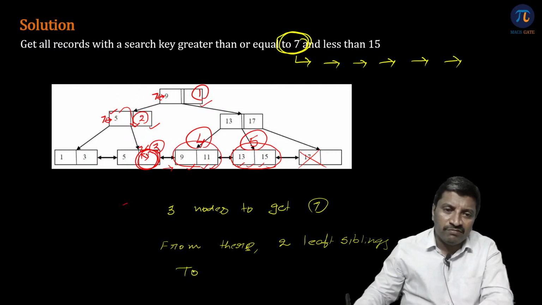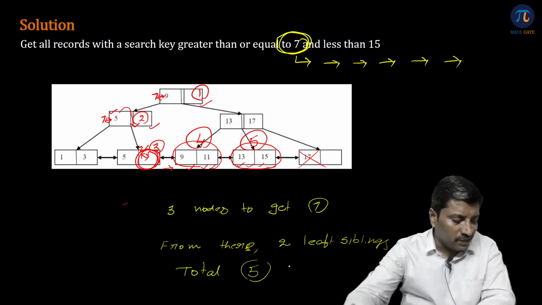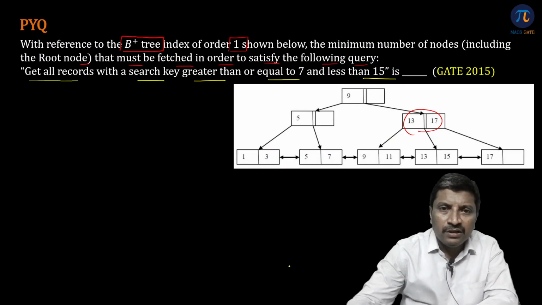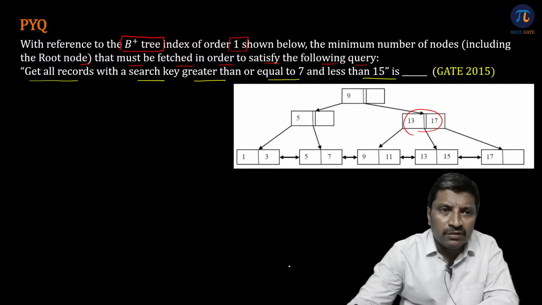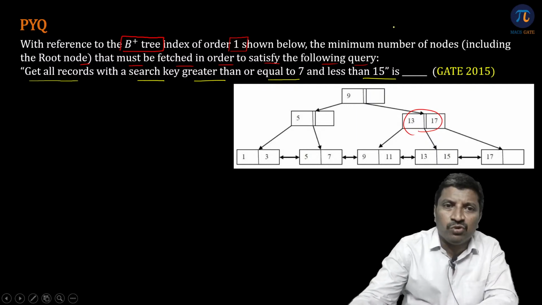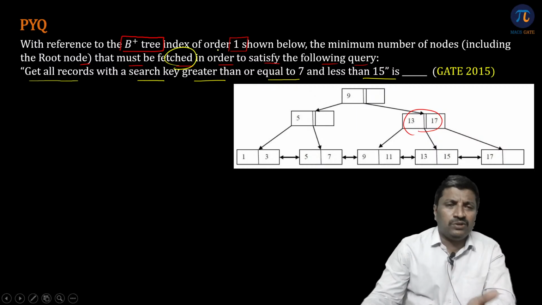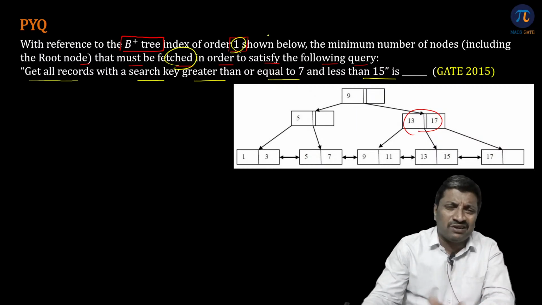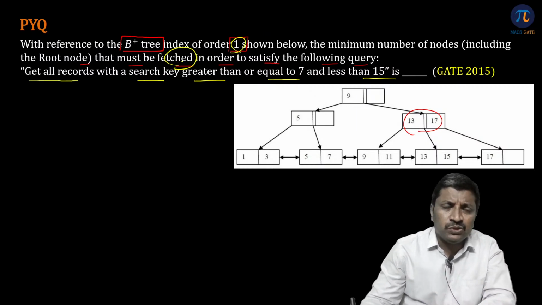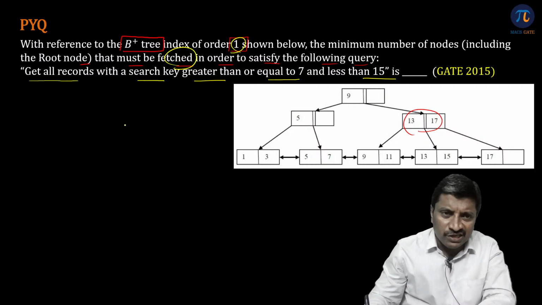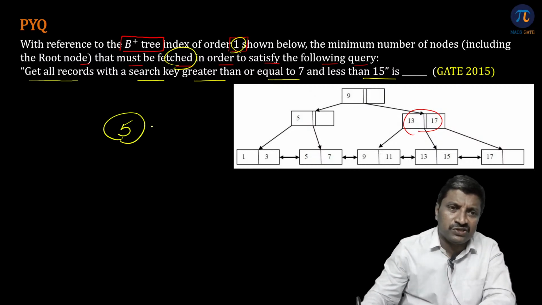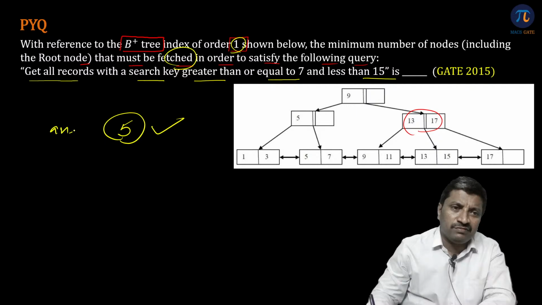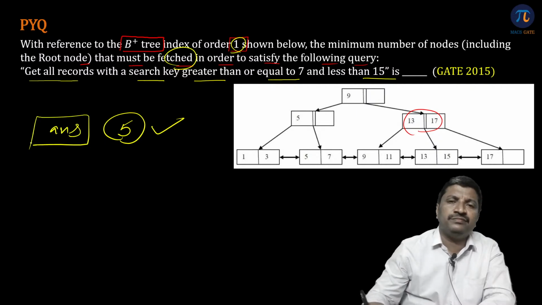Totally how many, sir? 5. I think this is what they asked, sir. Minimum number of nodes I need to fetch. Of course, this is not order 1, sir. That may be something else. So anyway, since we are not using the order in this question, we can do it. So how many nodes are you fetching, sir? You are fetching 5 nodes. So the answer is 5.